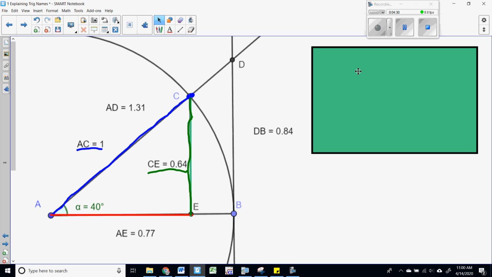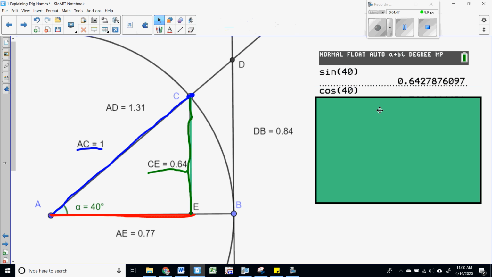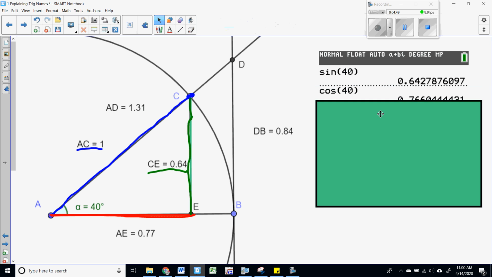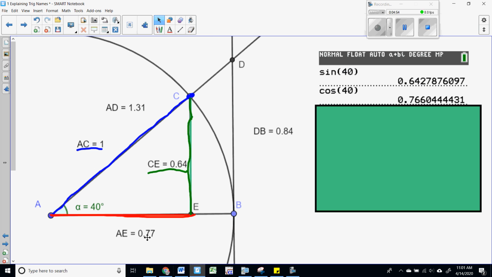And if we put sine of 40 degrees, we get 0.64. We know that the cosine of this angle is just the x coordinate. So the complement of sine, or the cosine of 40, is 0.76. Once again, down here is our answer for the cosine of 40. That's just our x coordinate.